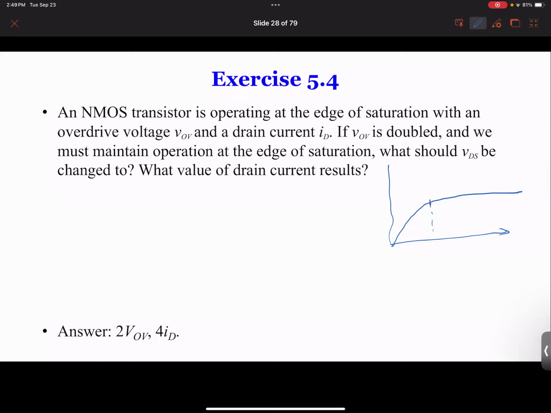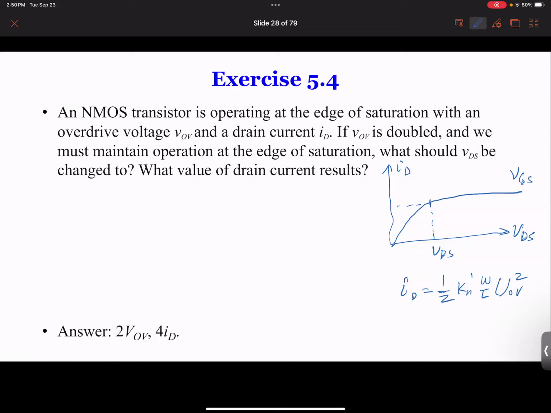So it's operating right over here. There's a VDS over here and VGS over here, and this is your ID. Because of the edge of saturation, we can write the current as 1/2 K prime times W over L times VOV squared. So what it says is that we maintain the operation at the edge, but we double VOV.